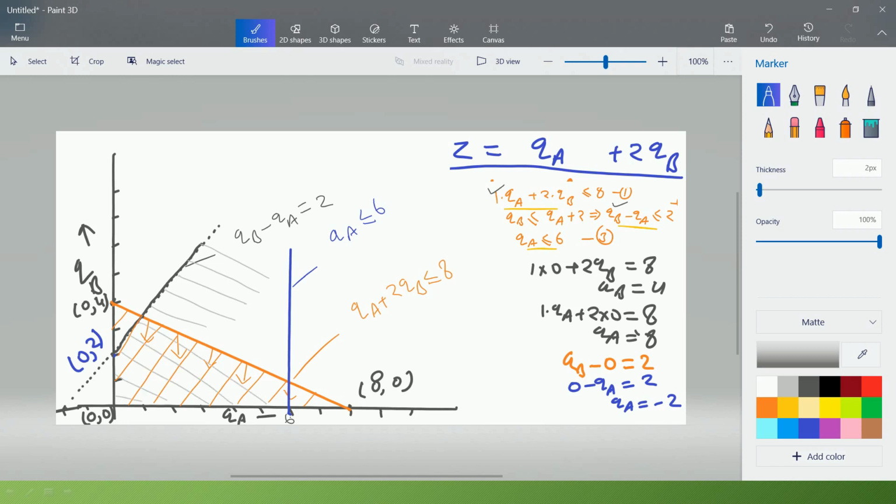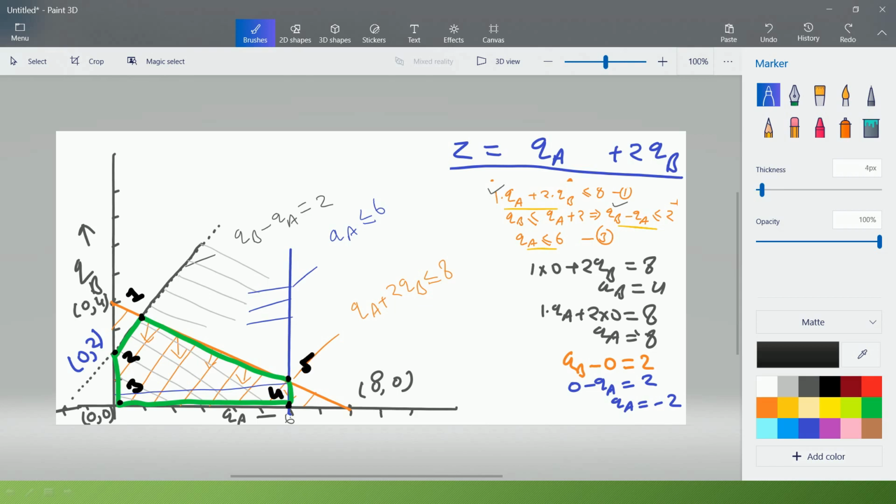And the area under this line is this. So we have a common area covering all these three lines, and this common area is this. We have 5 points. Point number 1, point number 2, point number 3, point number 4, and point number 5.